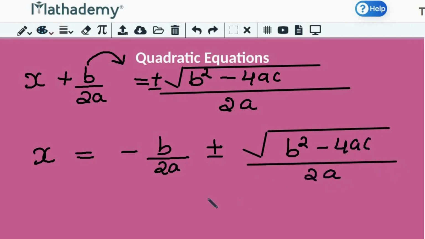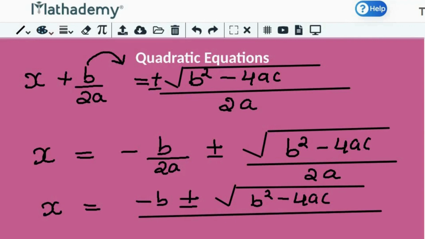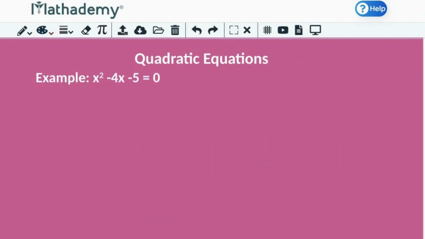We are almost done, and lastly I'll write this as minus b plus minus under root of b square minus 4ac, this whole thing upon 2a. And this is your formula for solving the quadratic equation. As we are done with the derivation, now we'll move ahead with the example.